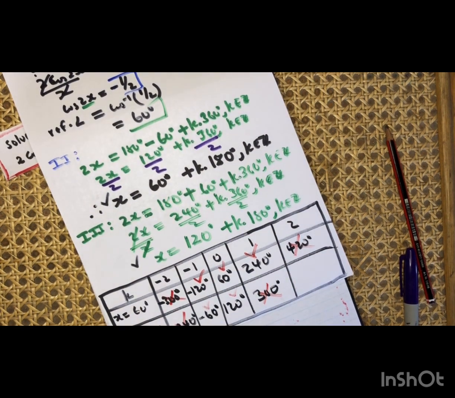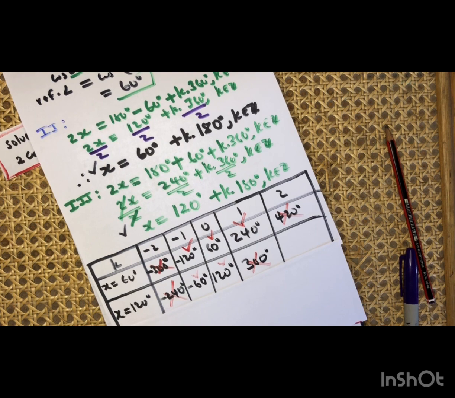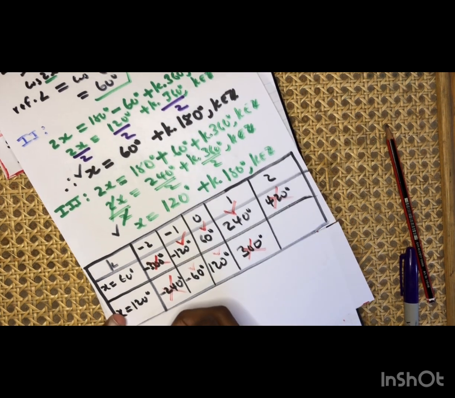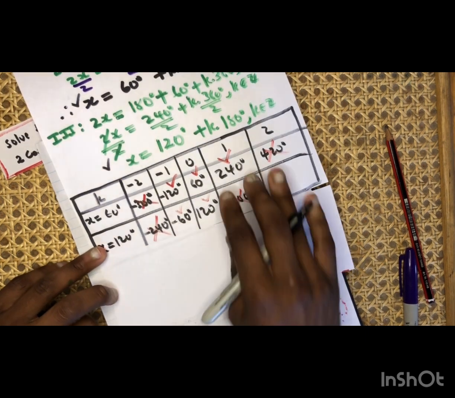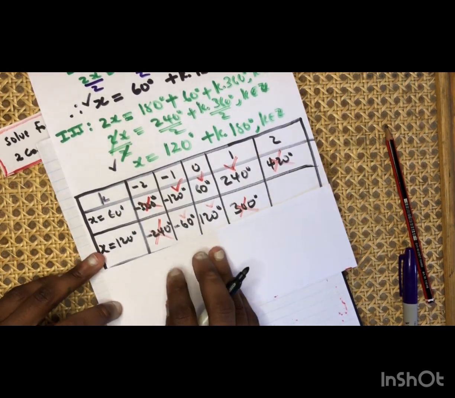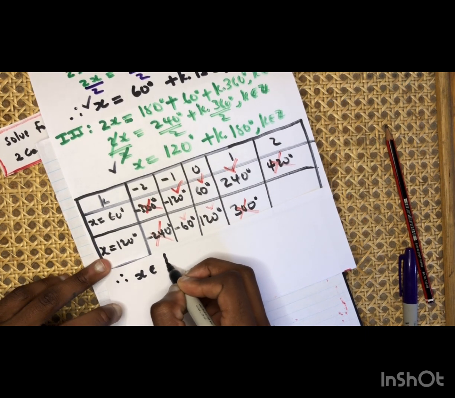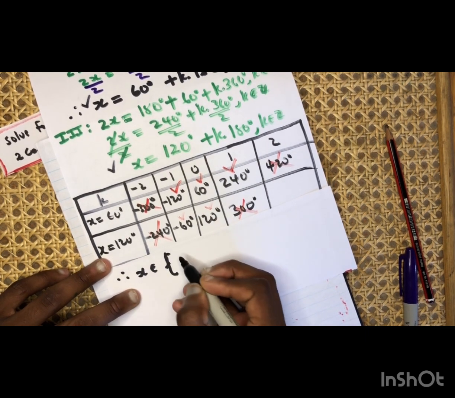So you are going to present your solution down. How do you write them, guys? You need to know how to write them. We must now make the conclusion. So I'm going to say therefore x is an element of, and I'm going to write all the solutions down here.